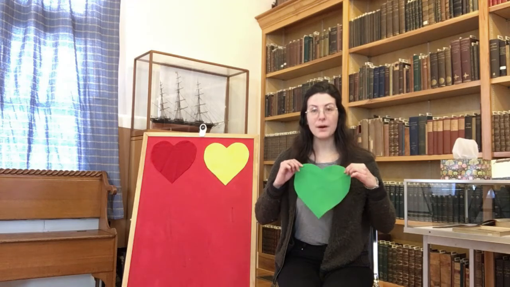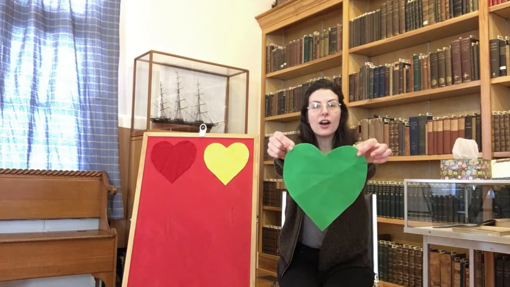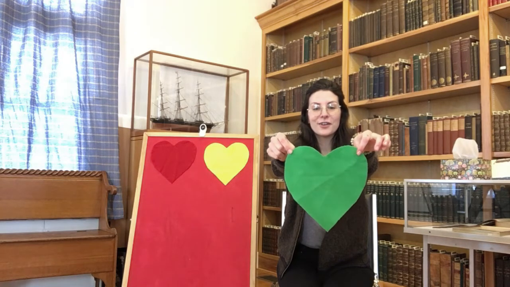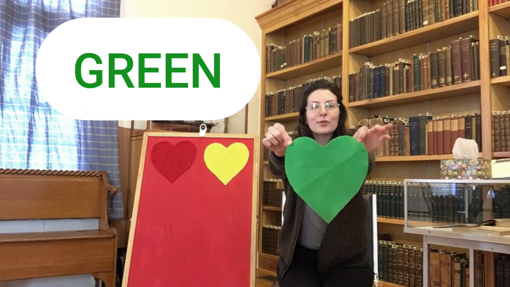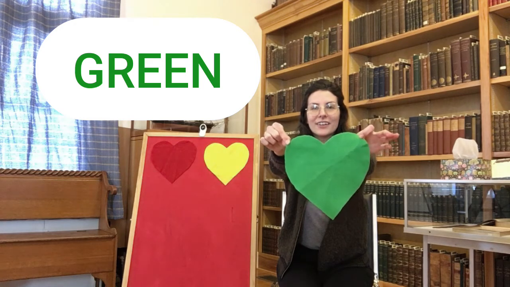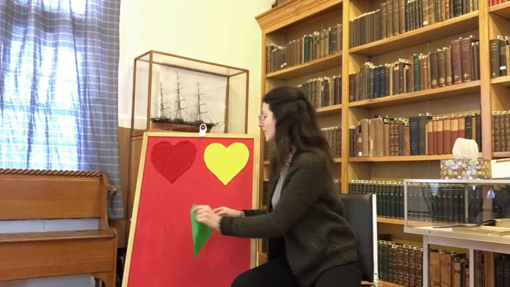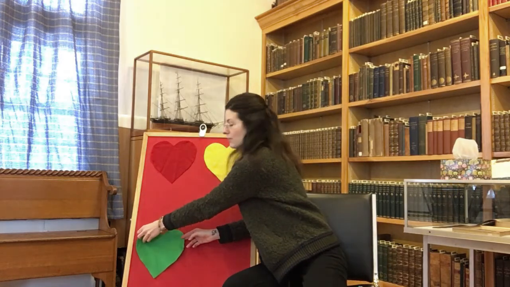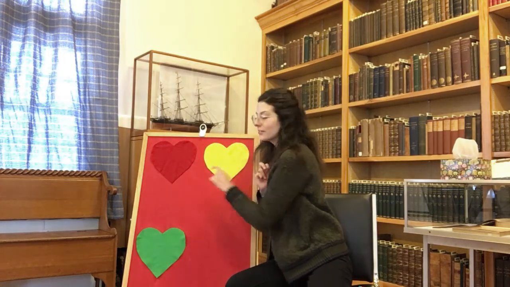Ba-bum, ba-bum. What color is our third heart? Green. A green heart. We'll put our green heart down on the bottom here, underneath our red heart.